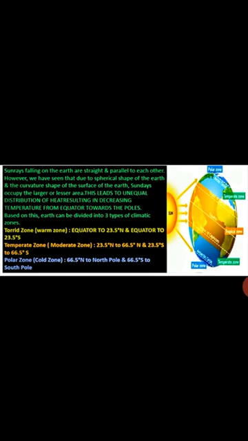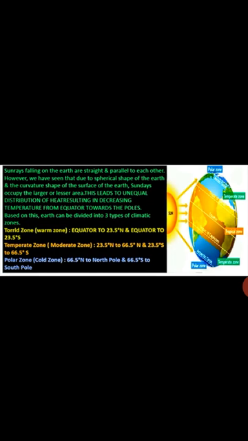So as you can see, the earth is divided into three zones: the torrid zone, which is also called the warm zone, the temperate zone, also called the moderate zone, and the third one is the polar zone, that is the cool zone, where the sun's heat gets lesser amount. And in the torrid zone they get more heat.